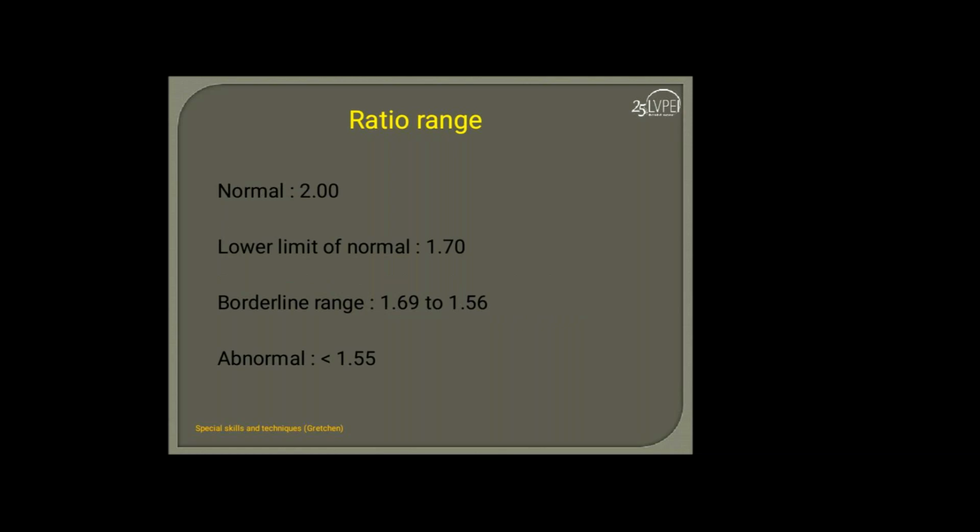Ideally it should come around 2 as per ISCEV, but it is also considered normal if it is approximately 1.6 to 1.9. If it deviates from this range, it is considered abnormal. Ideally, it is not done in all cases of RPE as well as neurosensory damage, because in cases like retinitis pigmentosa, your photoreceptors, neurosensory layers as well as RPE are all affected.